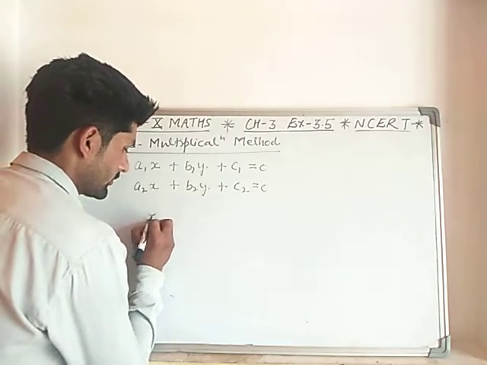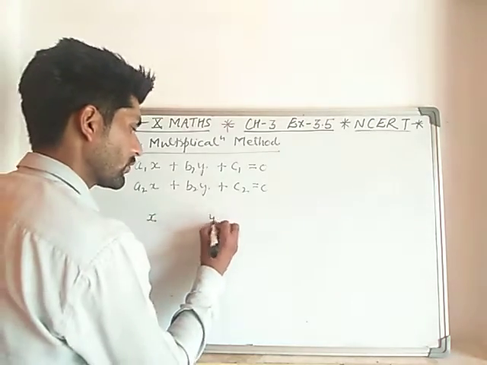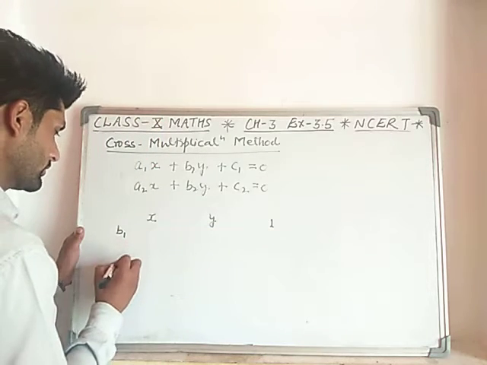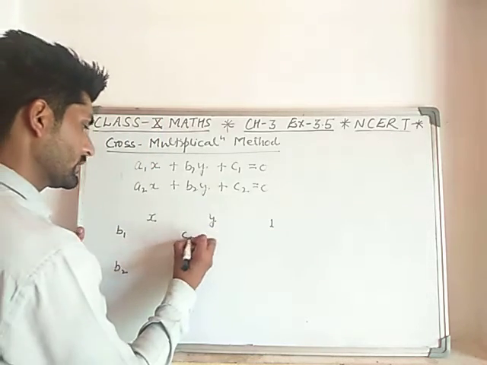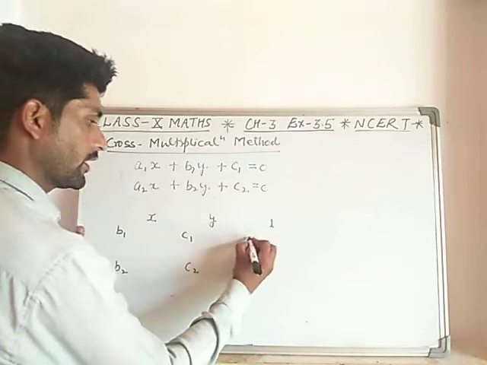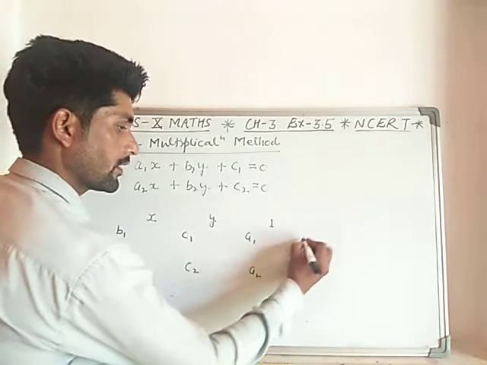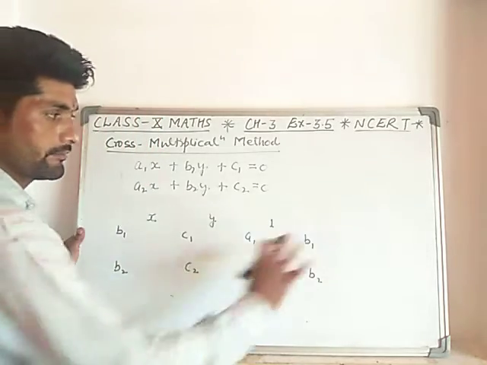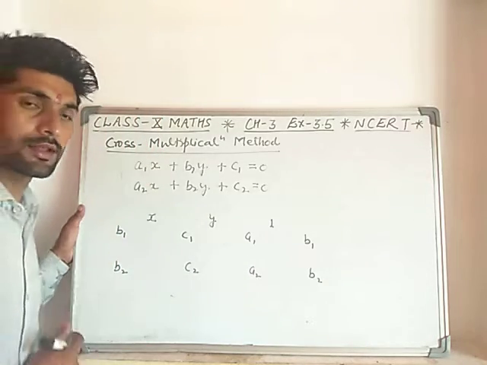In this method we will write here x, y and 1, and it will start from b1 b2, c1 c2, a1 a2 and b1 b2. You have to remember this diagram for applying this method.